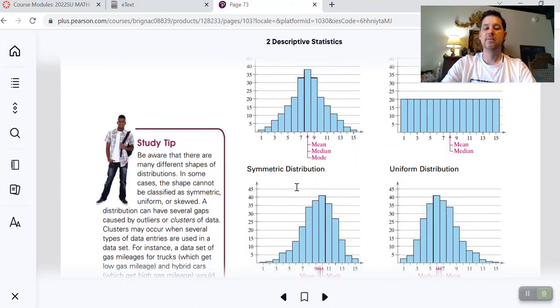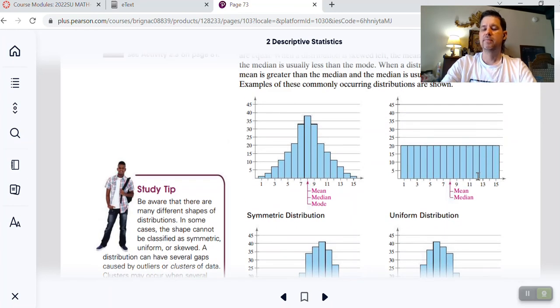So this one's called symmetric. It's also called normal distribution sometimes, but here for now we'll call it symmetric. This one is called uniform. Well, let's give a few takeaways. With a symmetric distribution, looks like most of the data entries are in the middle. Okay, most of the data entries look between 34 and 36.